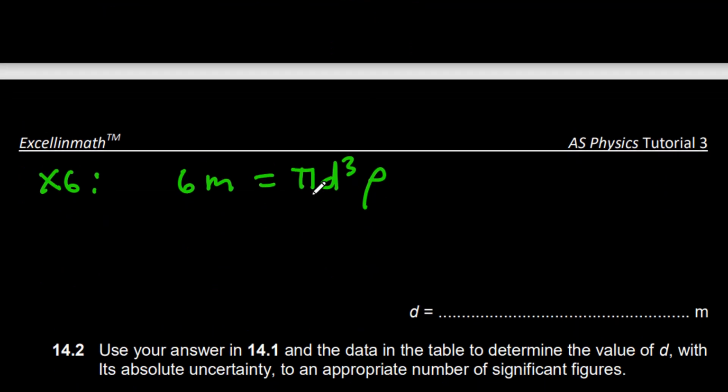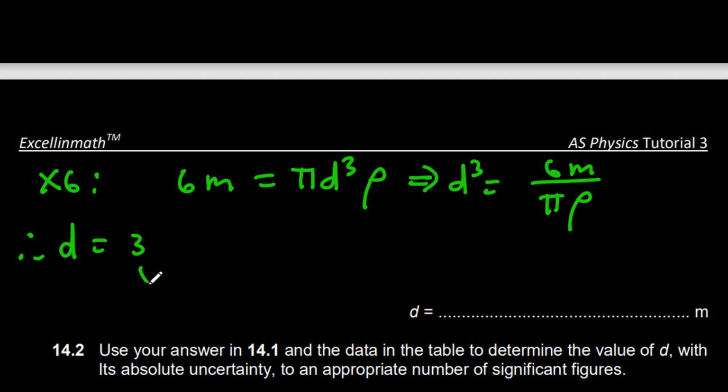Now we can divide the pi times rho into the 6m. So d cubed will be 6m divided by pi times rho. And then finally, we want to get rid of the cube here on the left-hand side. So we take the cube root on the right-hand side.